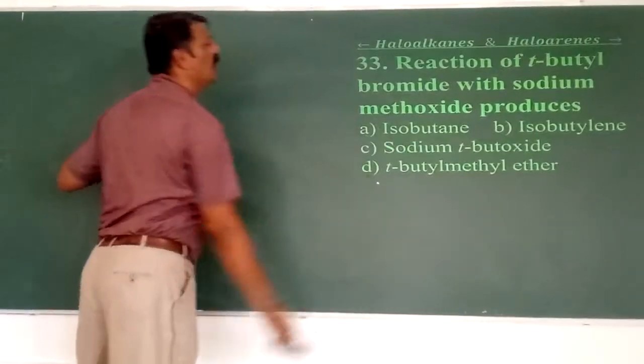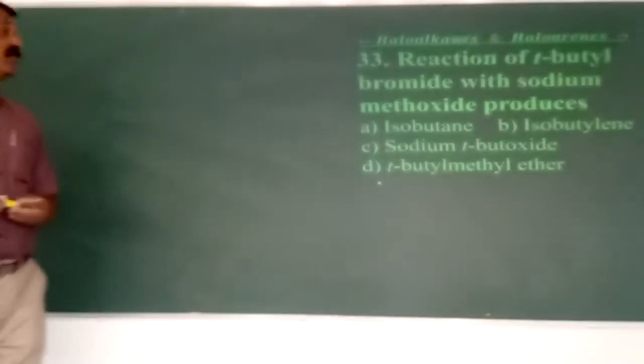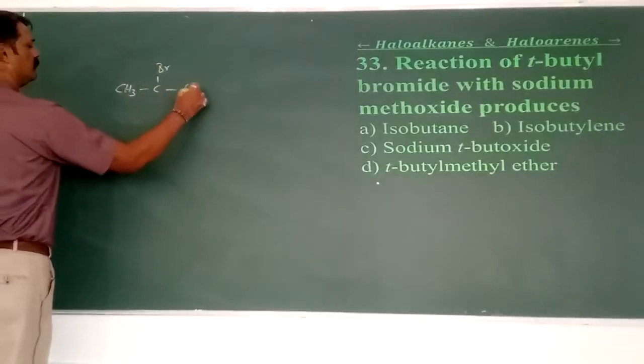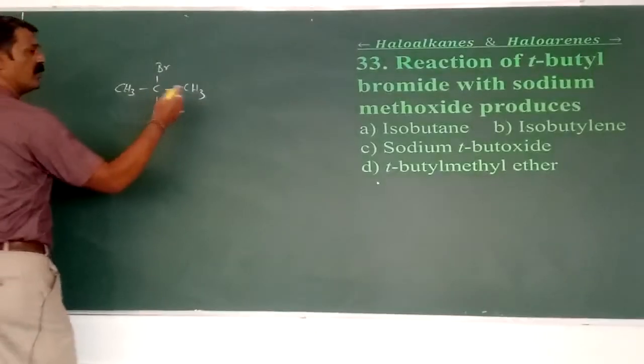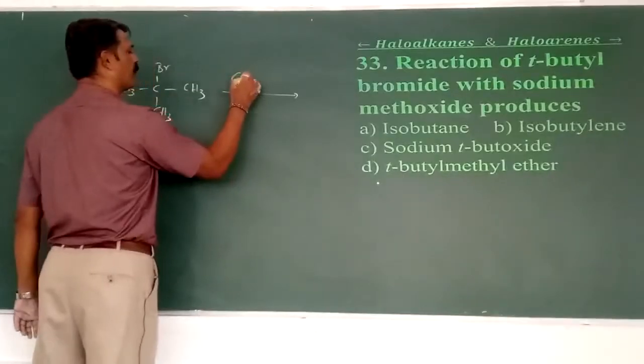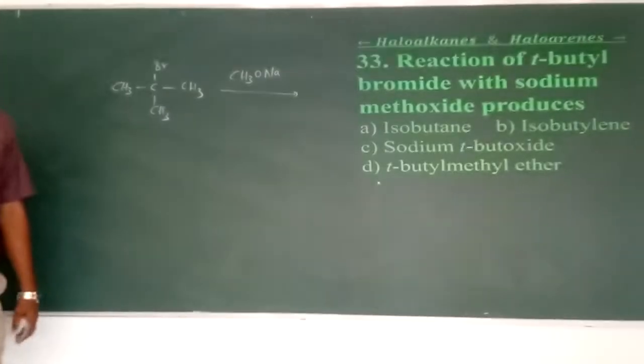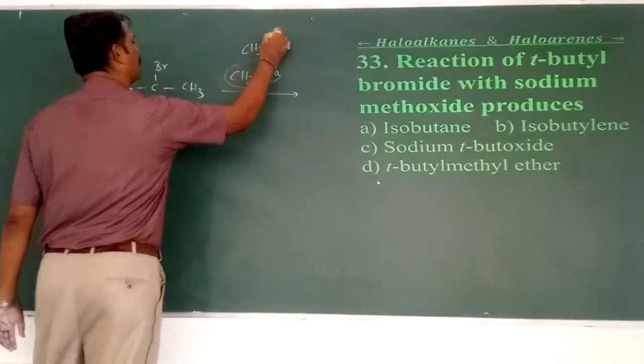What's it here? This is tertiary butyl bromide with sodium methoxide. So here it is indirectly called as CH3O minus in presence of alcohol.